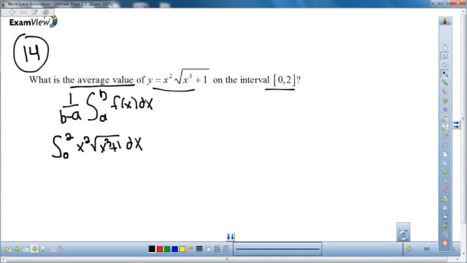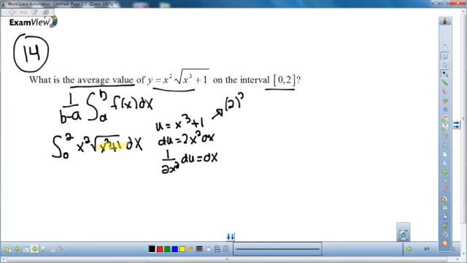So we're going to solve this using u substitution. I'm going to let u be x cubed plus 1. So du is going to be 3x squared dx, or 1 over 3x squared du is equal to dx. And I can also do a change of variables to make it easier.